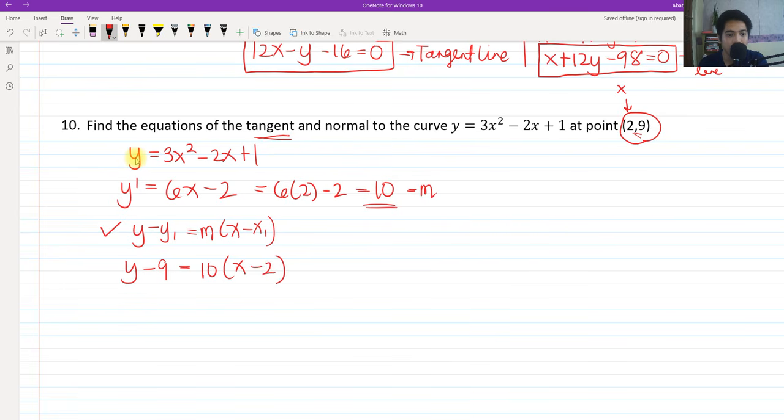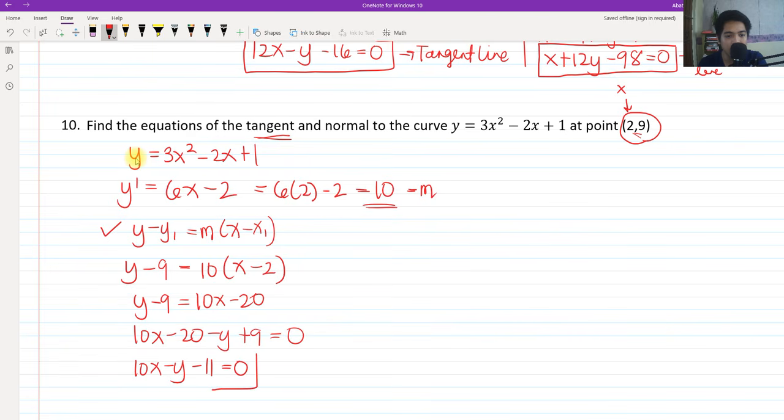So simplifying, we have 10x minus 20 minus y plus 9 equals 0. So you have 10x minus y minus 11 equals 0. So this is the equation of the tangent line.